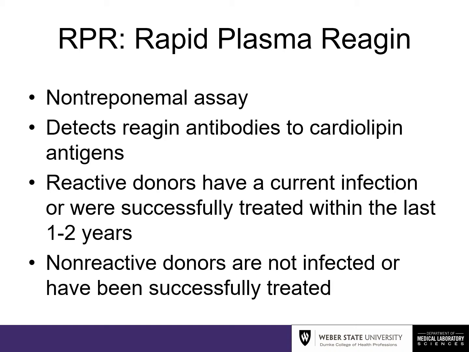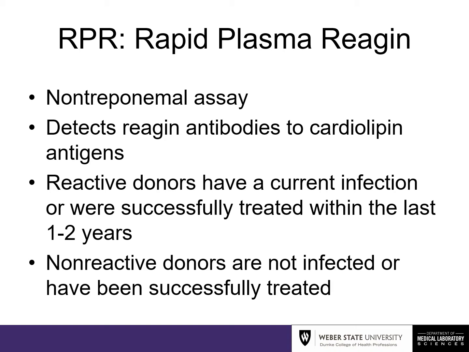So that's why it's a non-specific test, because it's not detecting specifically syphilis antibodies or treponemal antibodies. And so you'll either get a reactive or a non-reactive, and reactive donors will have a current infection or they were successfully treated within the last 1 to 2 years.